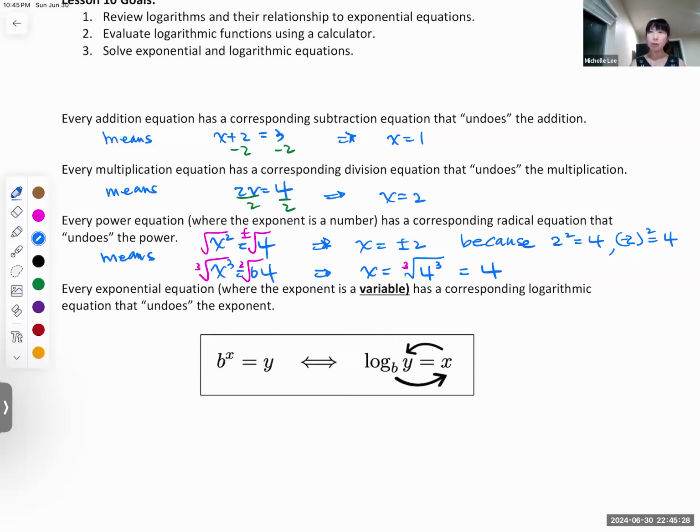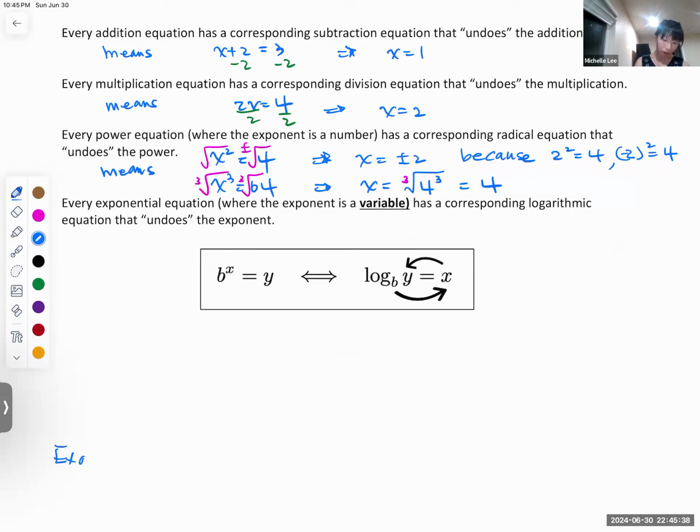Let me give you a number example first so that we understand. So we have the exponent, 2 to the third power equals 8, right? This means the same as, in math, we read this as if and only if.